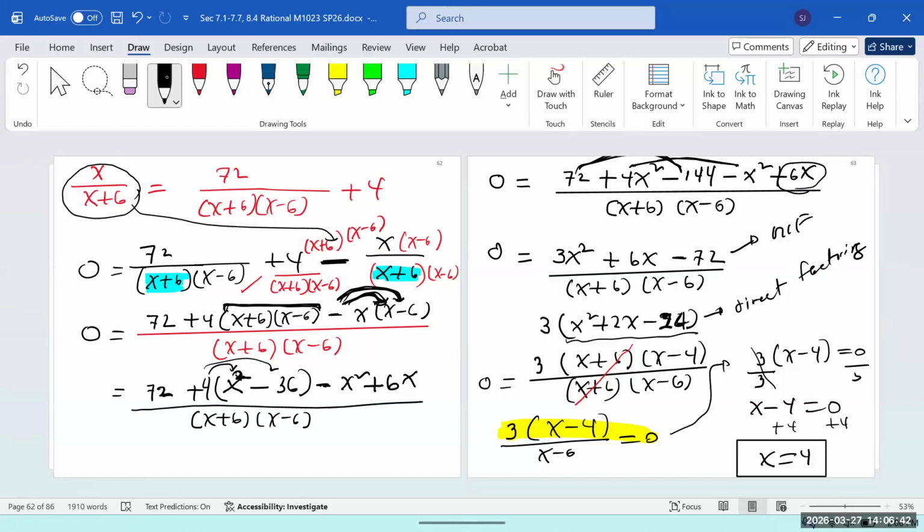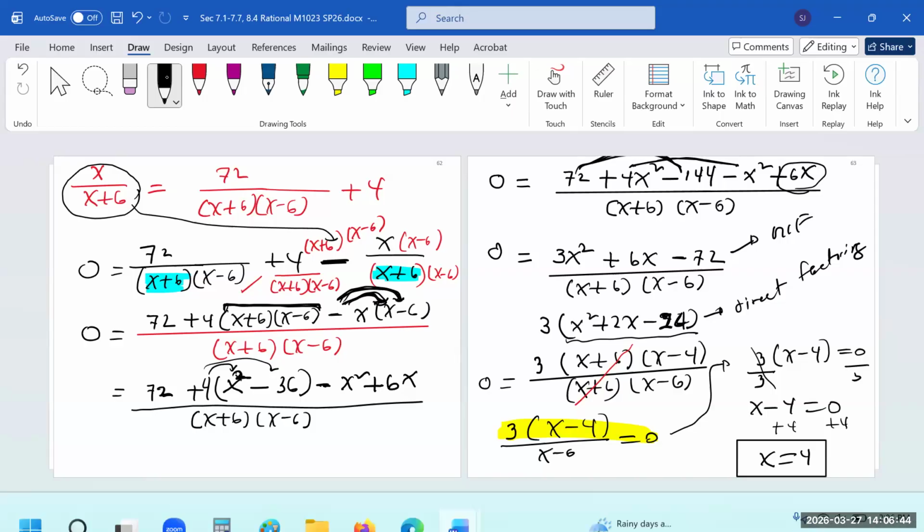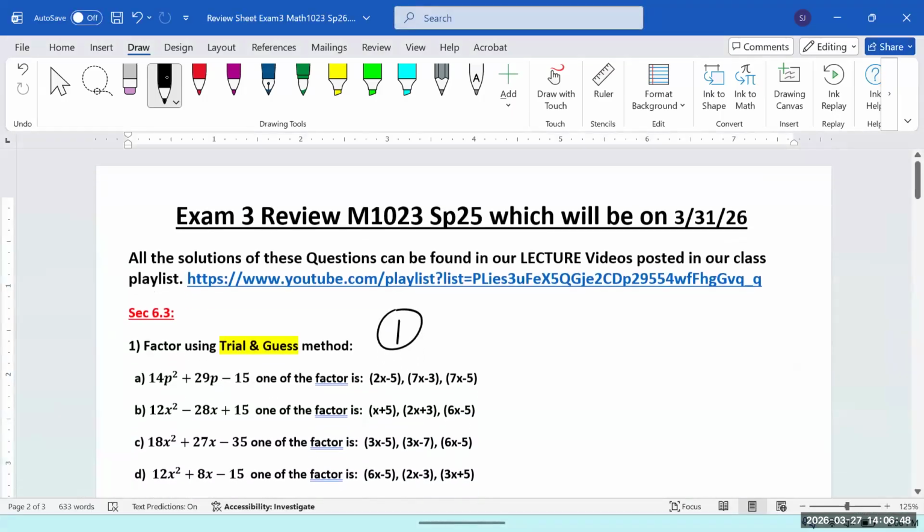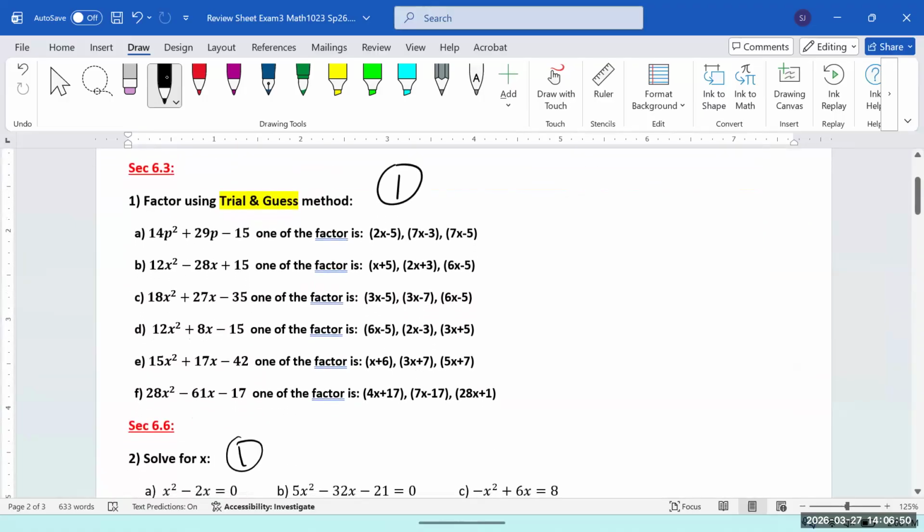So let me tell you what will be in the exam. From the trial and error, one of them. I'm going to give you the choices. You definitely should learn the trial because I'm going to give big numbers like 57, 67, those big numbers.